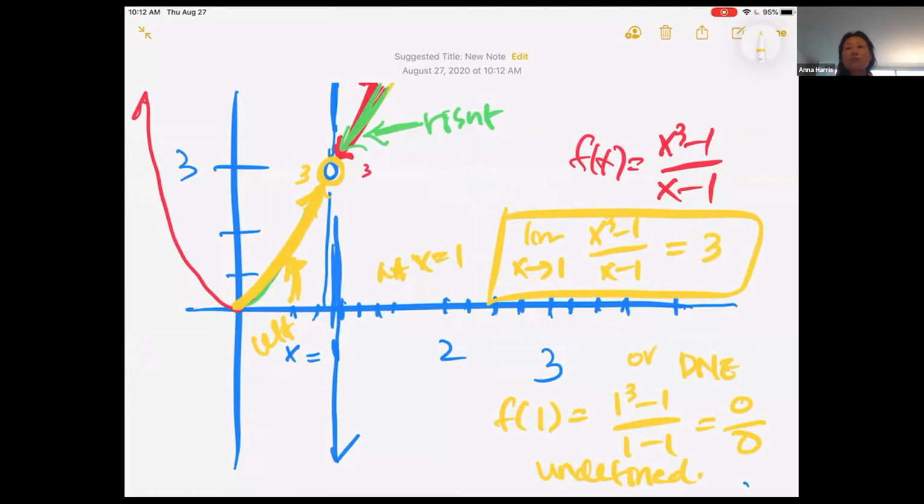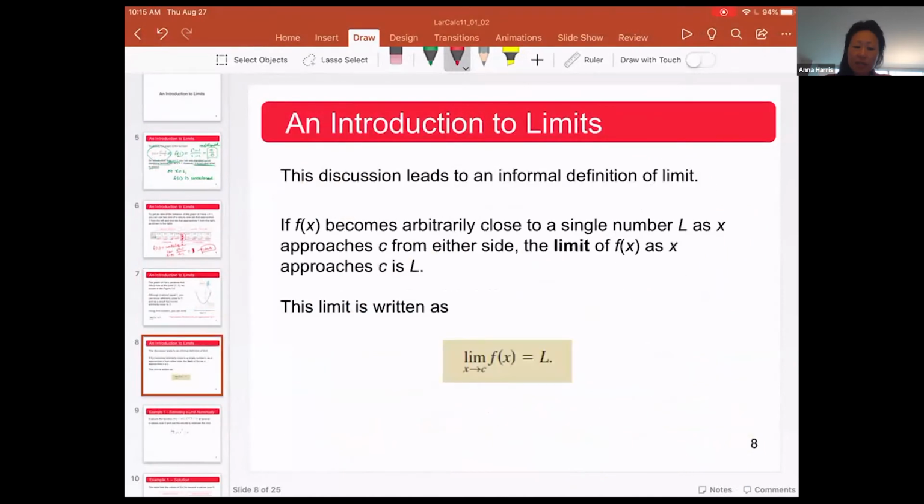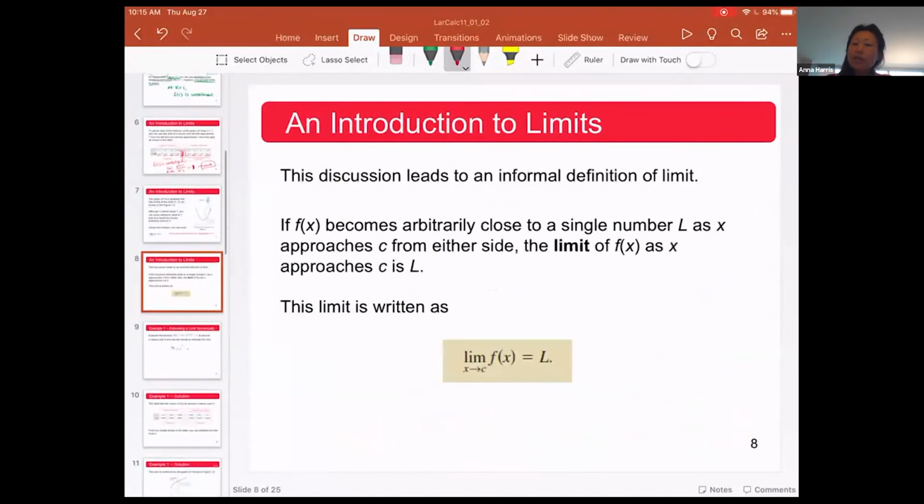Anybody have a question so far? Same thing we've been doing. We're going to call it limit L. In our case, the f of x equal to (x to the third minus 1) over (x minus 1), the limit was 3. So in our case, L is equal to 3, okay?